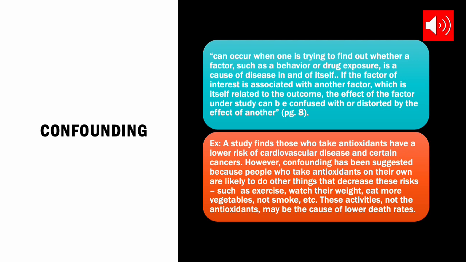So these activities, not the antioxidants, may be the cause of lower death rates. So you have confounding when you're trying to relate one factor to another, and there are really multiple other factors going on that could be the reason for this, but you just haven't accounted for those things.